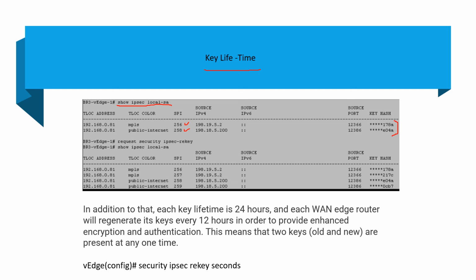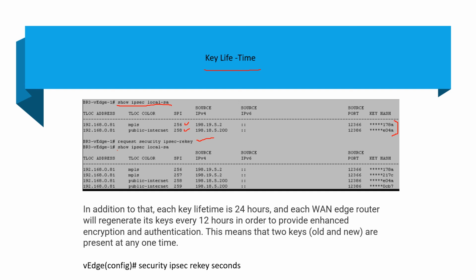This can also be used, for example, if you want to regenerate new keys forcefully. What you're going to do is issue the command request security ipsec-rekey. That is immediately going to generate a new key.